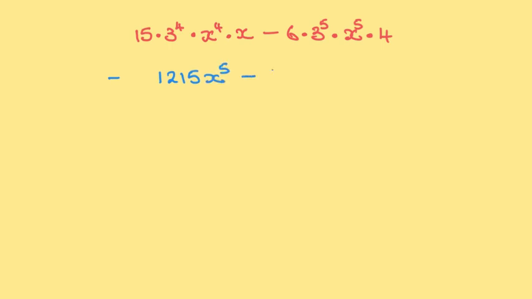If you expand that, you get 15 times 3 to the 4 times x to the 4 times x, minus 6 times 3 to the 5 times x to the 5 times 4, which equals 1215x to the 5 minus 5832x to the 5, which equals minus 4617x to the 5.